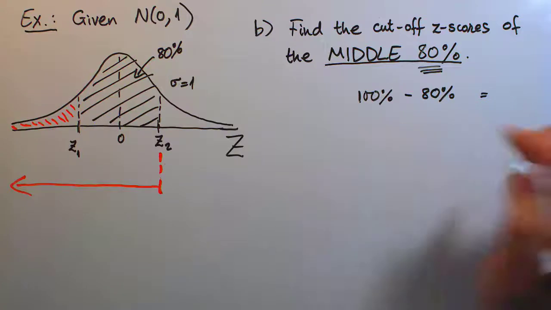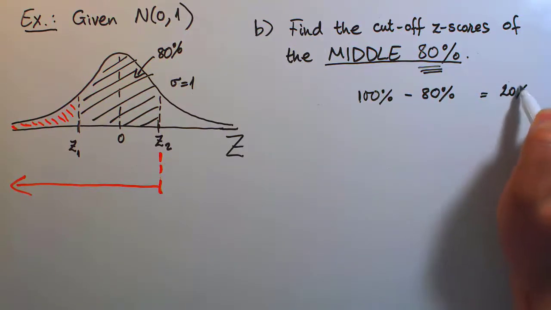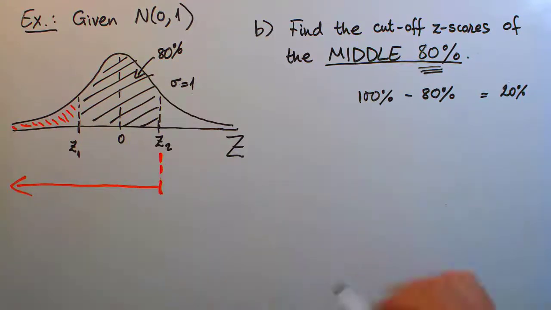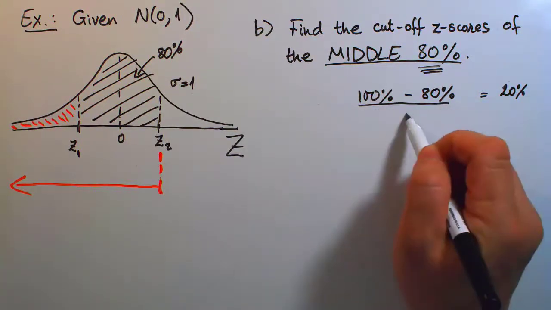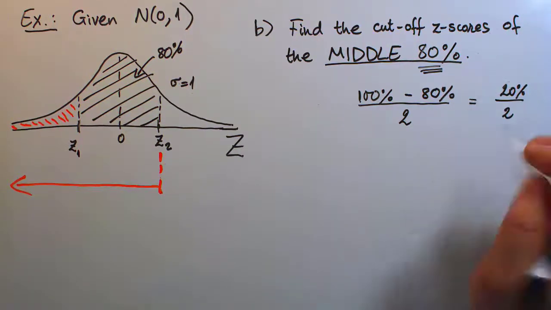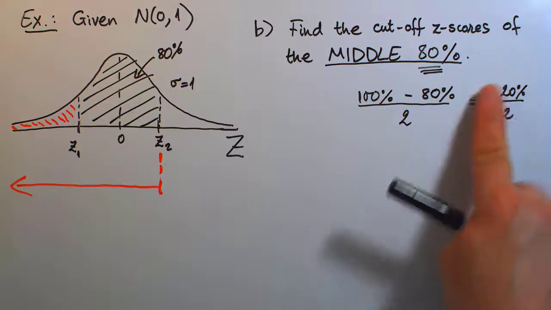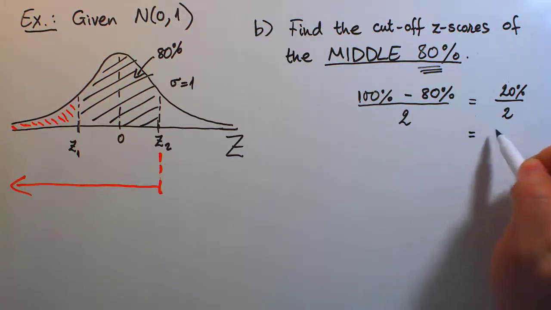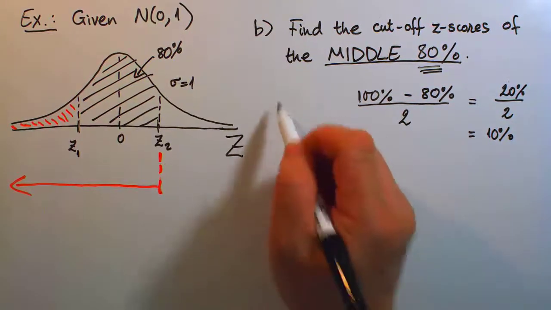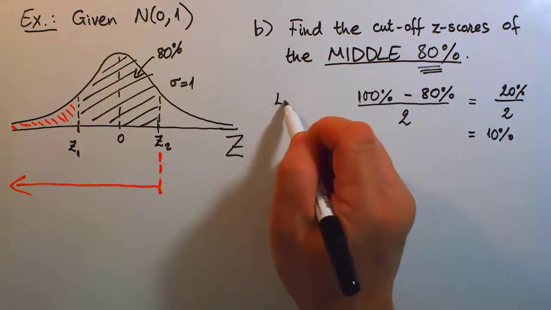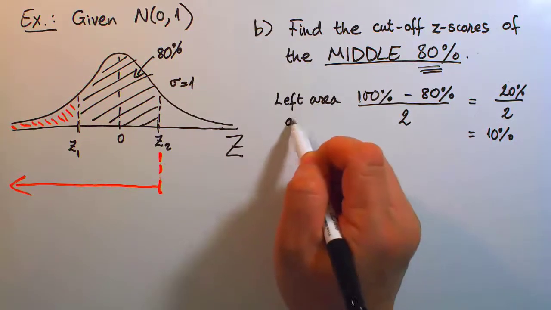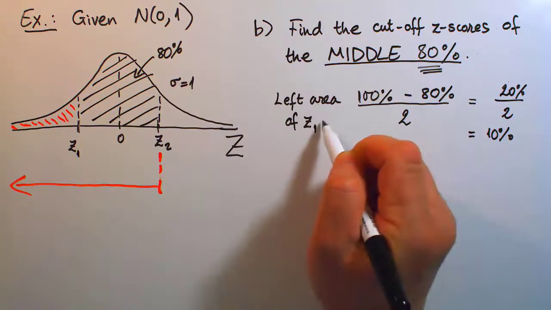By the way, 100 minus 80 is already 20% left, but that contains this one tail on the left and this other tail on the right-hand side. So now I'm going to divide that difference by 2, cutting it in half. This amount, calculation shows, is 10%. But this truly is our left area, more specifically the left area of z1.